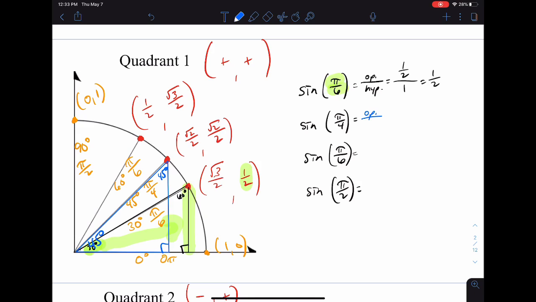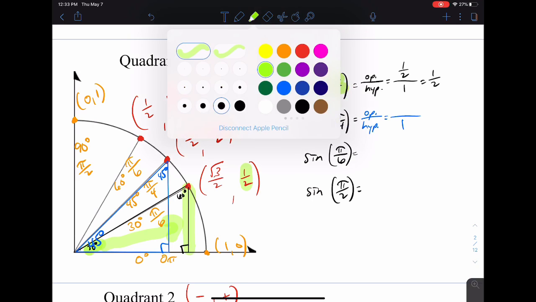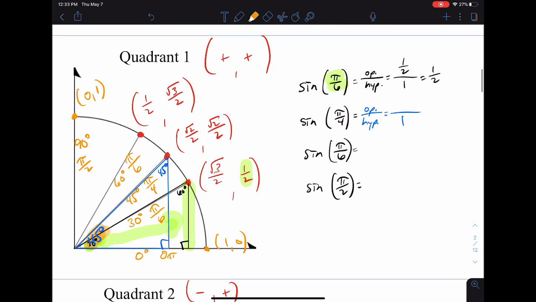Well, again, it's still opposite over hypotenuse, and the hypotenuse on the unit circle is always going to be 1. Opposite of the central angle is going to be the long side. So again, it's going to be the y coordinate, in this case square root of 2 over 2.